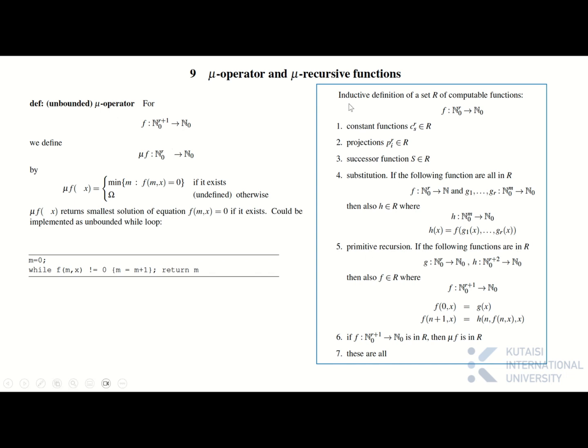However, let's define what a mu-recursive function is now. A mu-recursive function is exactly the same as a primitive recursive function. So rules 1, 2, 3, 4, 5 are exactly the same: constants, projections, successor, substitution, primitive recursion, and just one more rule is added. The one more rule says that if you have a function which is created from 1, 2, 3, 4, 5, or whatever this creates, then the unbounded mu operator, mu-f, is also in here.